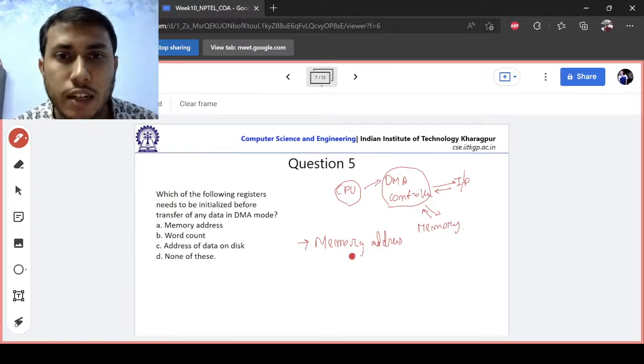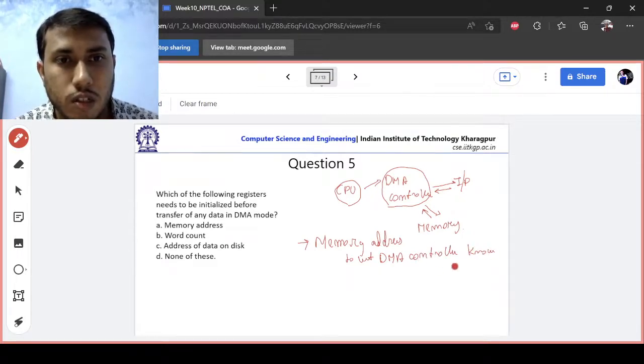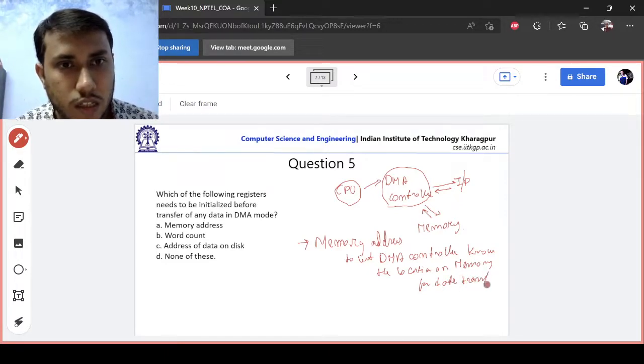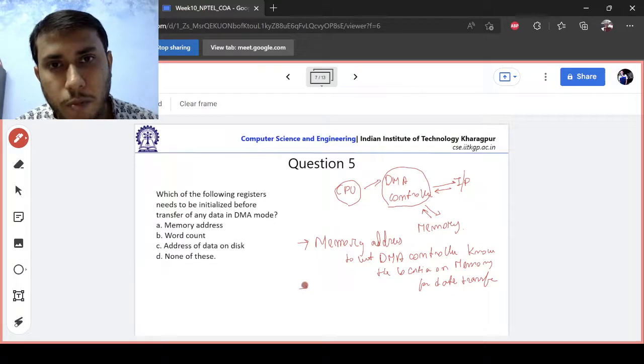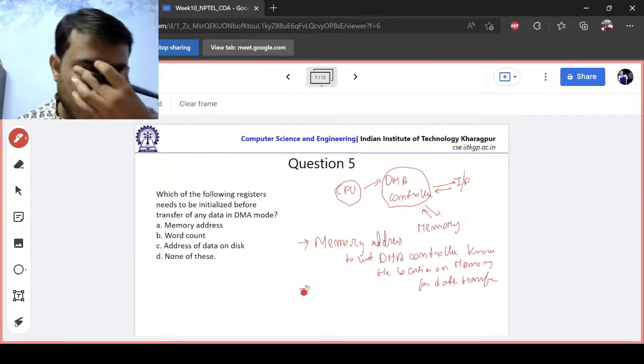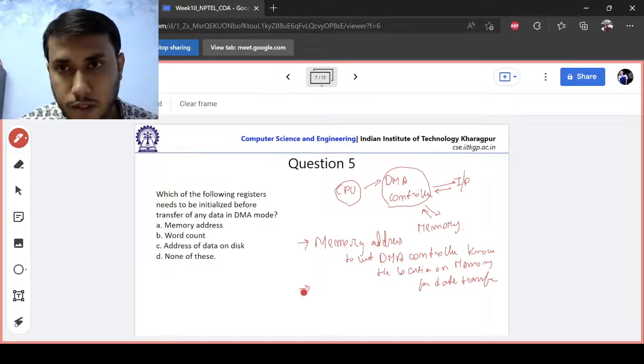That is the reason to let the DMA controller know the location in memory for data transfer. So that's why the memory address register is initialized by the CPU.